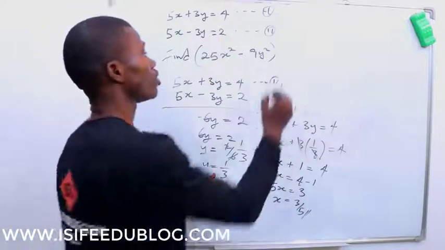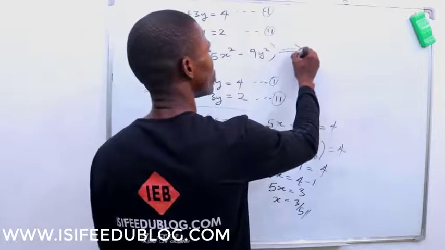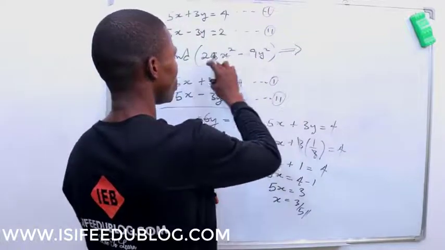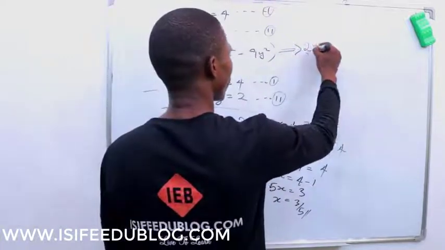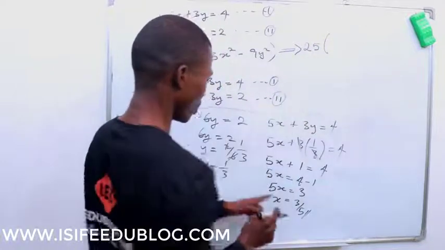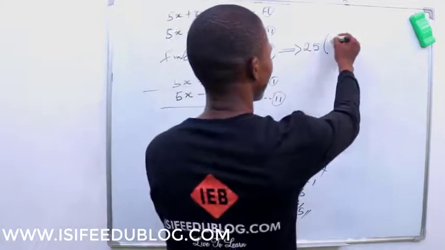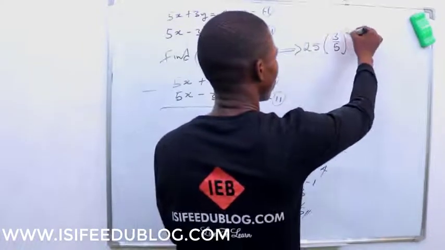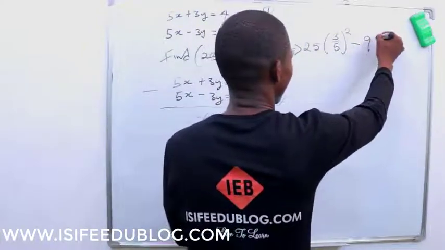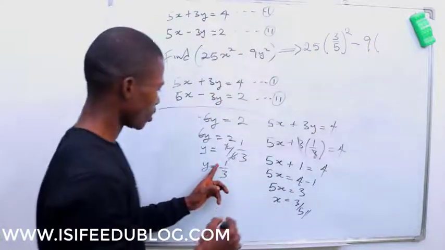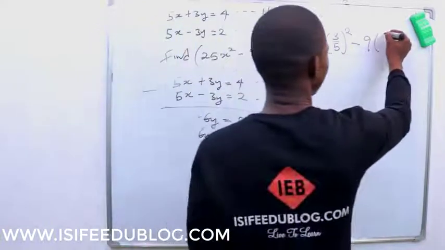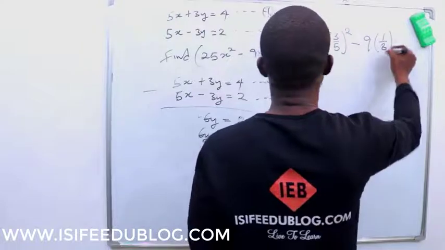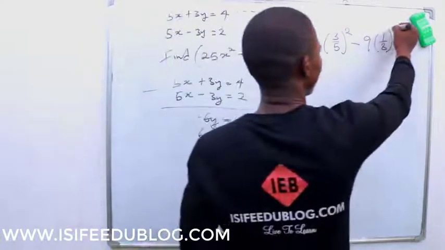Our x is 3 over 5 and our y is 1 over 3, so you substitute finally. This is 25 times x, which is 3 over 5, remember your square, minus 9 times y, which is 1 over 3, squared.